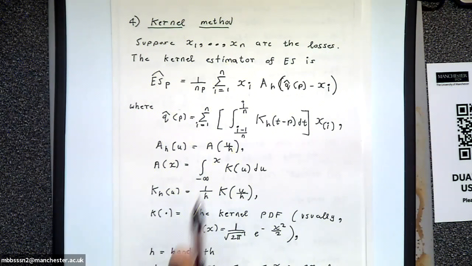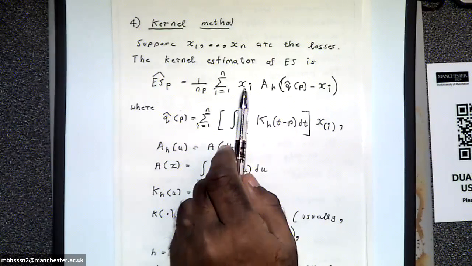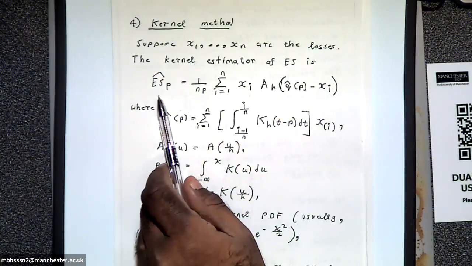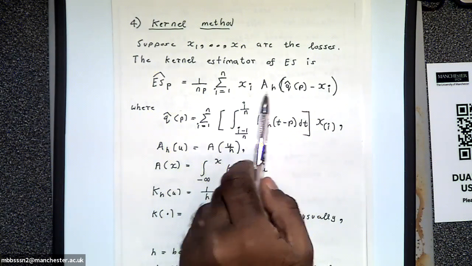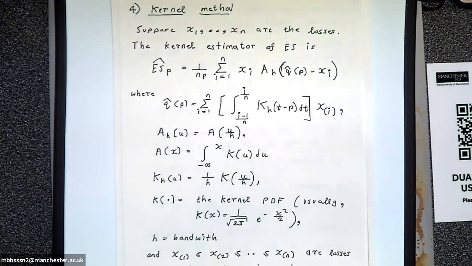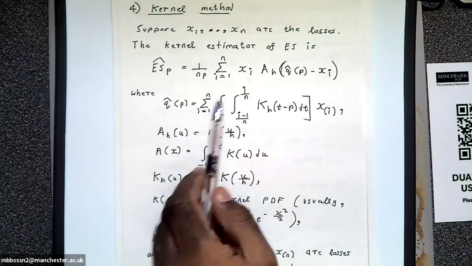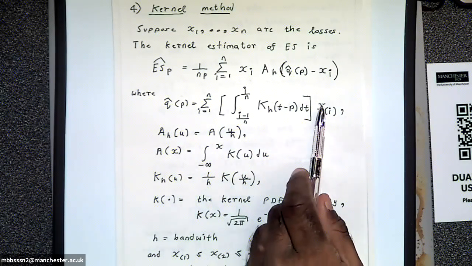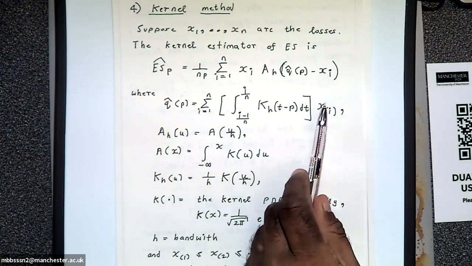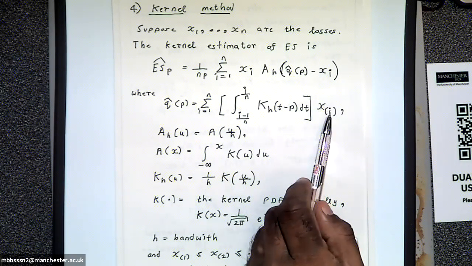This time you have the losses, and the formula for the kernel estimator for expected shortfall is given by, I know it's a complicated expression, but don't worry, I will explain what each of these things is. Q hat is given by this formula, where these are the data in the arranged increasing order, right?